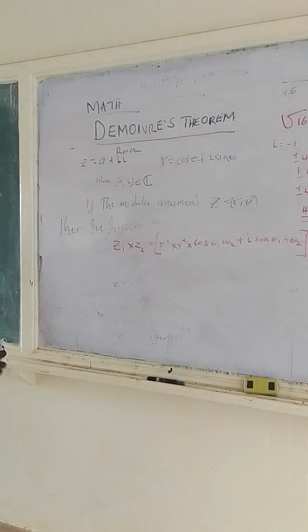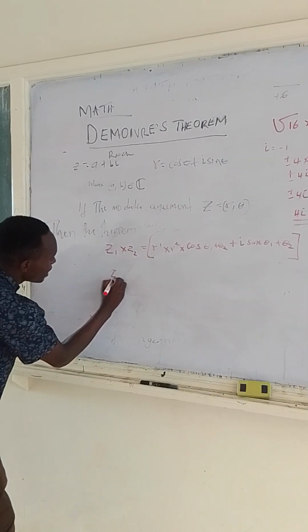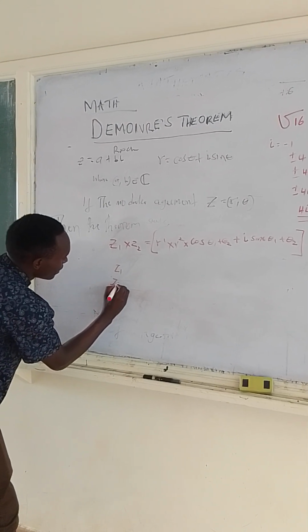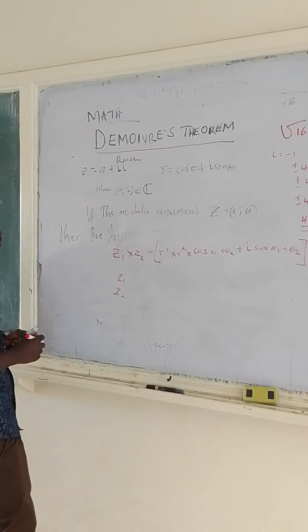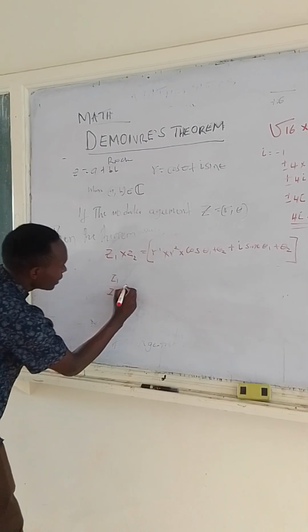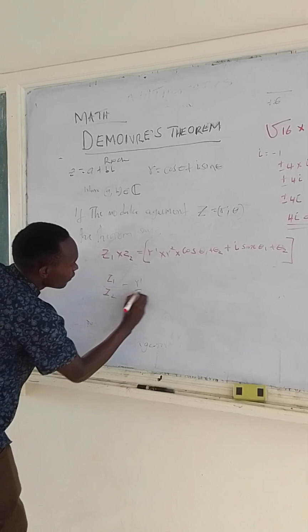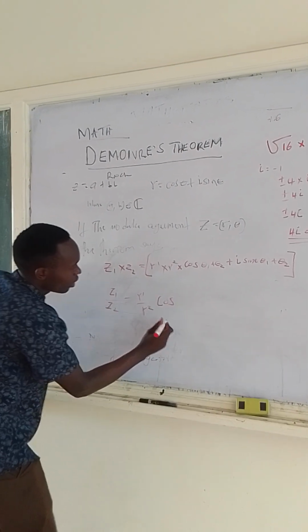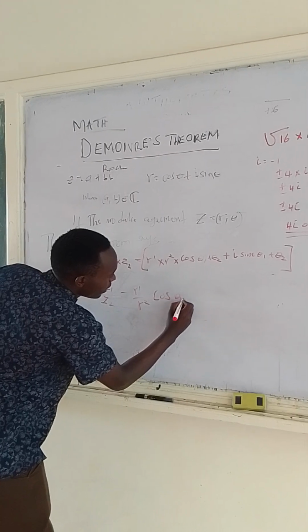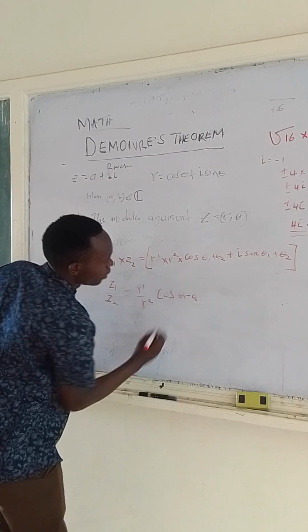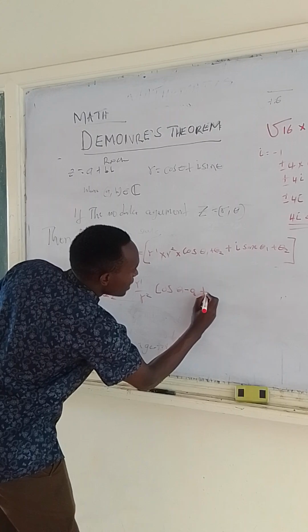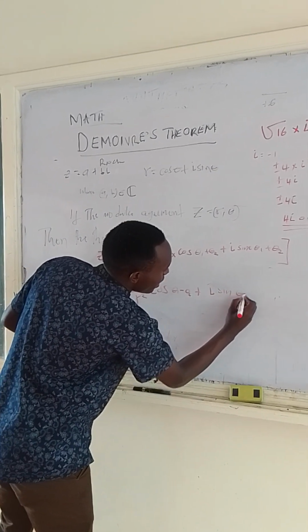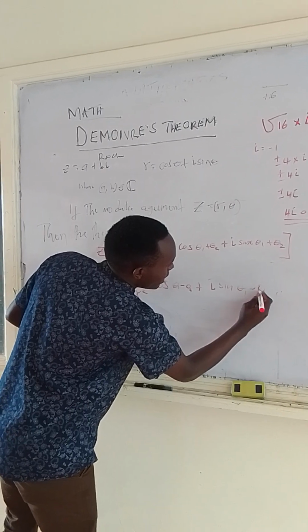Also, if z1 is divided by z2, then r1 divided by r2 multiplied by cos of theta 1 minus theta 2, plus i sin of theta 1 minus theta 2.